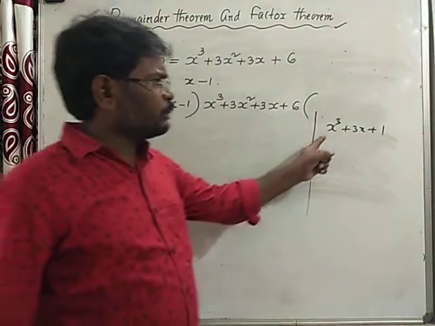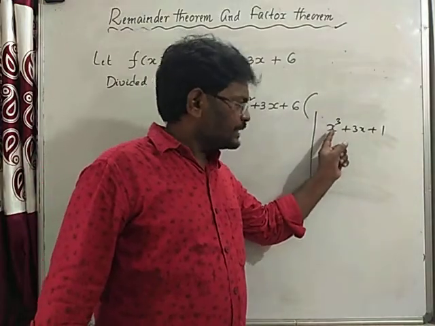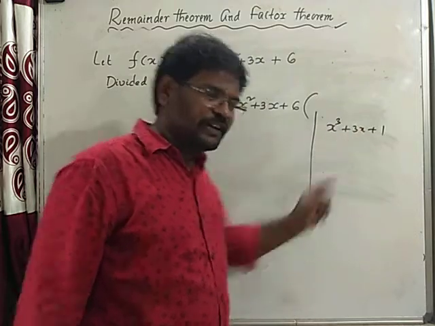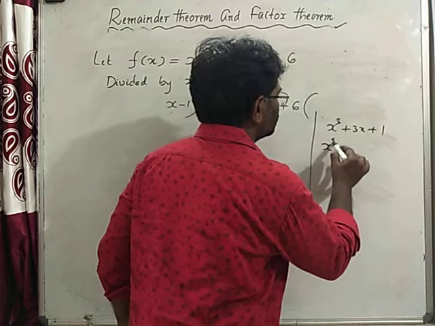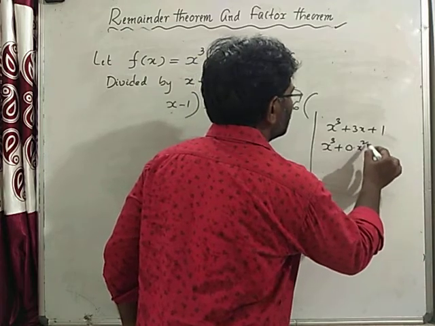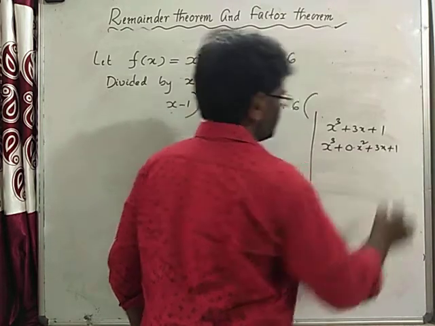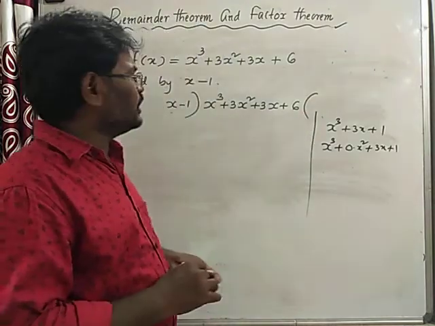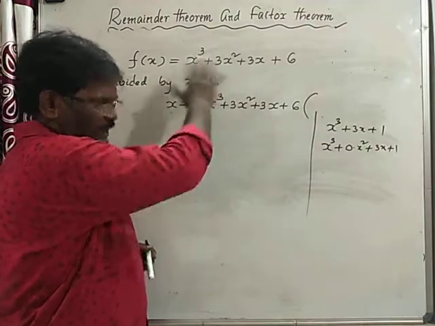This is a cubic polynomial. x cube, the next term is x square term, but the term is not given. So what to do? We have to keep 0 into x square plus 3x plus 1. Like that we have to write down. Later we will discuss that.